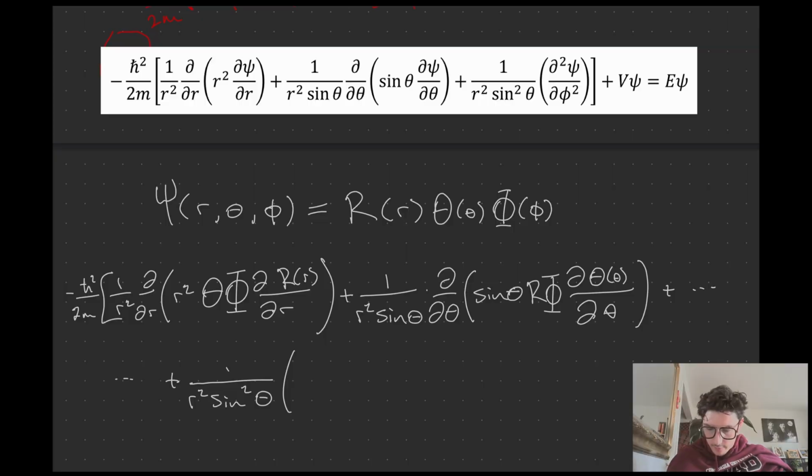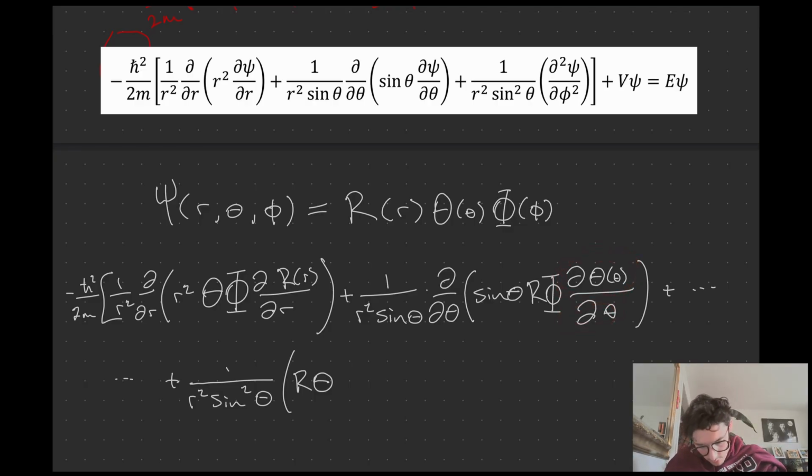Then here we're taking a derivative only on the phi components, so the r and the theta can be pulled out. I'm just writing r instead of R(r), because it's easier. I'm not going to have fewer symbols, but I am writing the variable it depends on when I'm taking a partial derivative. I'm not sure why, I just like doing it like that.